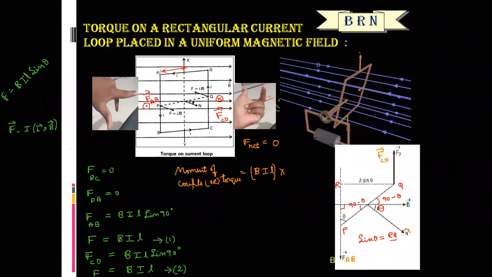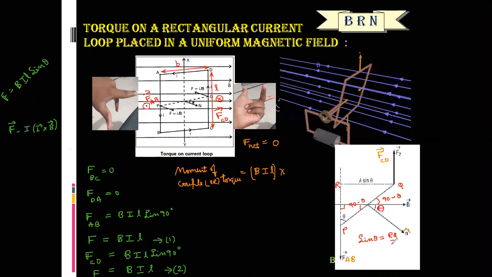Let's consider AD as the length of the rectangular coil, and this is the breadth.